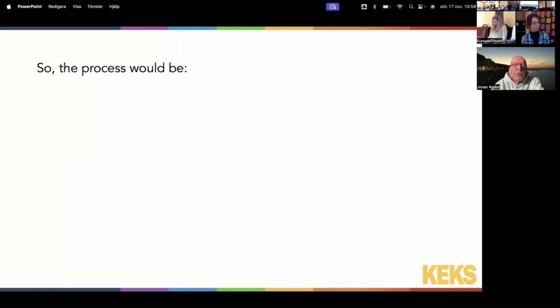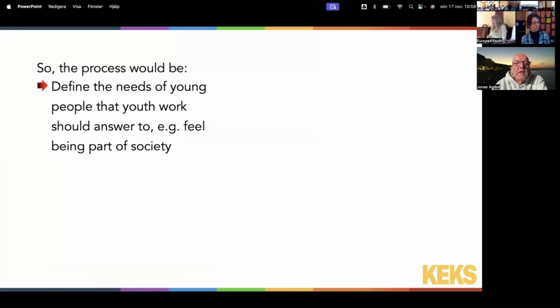So the process would be: define the needs of young people that youth work should answer to, for example, being part of society, feeling safe, participation, influence, learning, and so on. Break them down into measurable indicators.